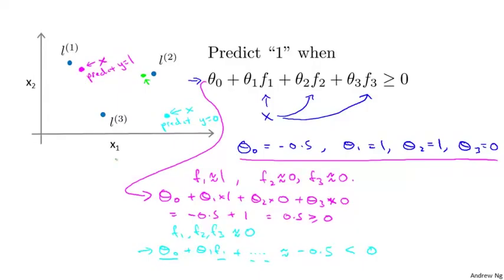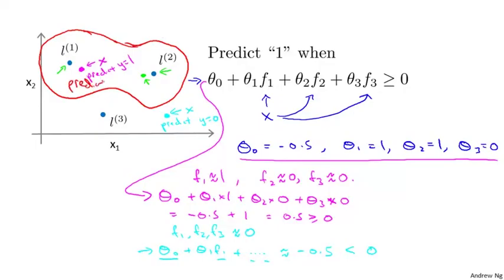In fact, if you look around this space, for points near L1 and L2, we end up predicting positive, and for points far away from these two landmarks, we end up predicting y equals 0. So the decision boundary of this hypothesis will end up looking something like this, where inside this red decision boundary we predict y equals 1, and outside we predict y equals 0.